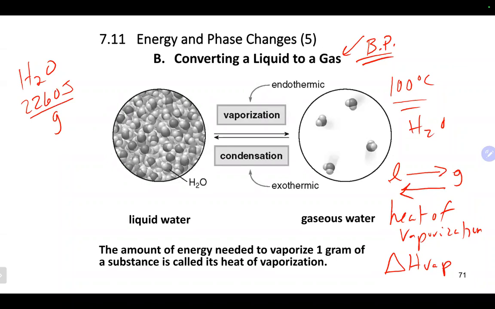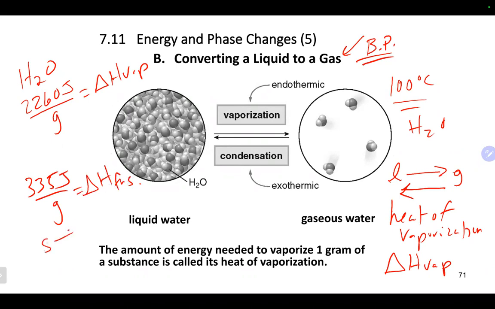Does it take more energy to do the solid to liquid or the liquid to gas transition? It's about 335 joules per gram to do the heat of fusion, which is your solid to liquid. The heat of vaporization is obviously your liquid to gas and back.